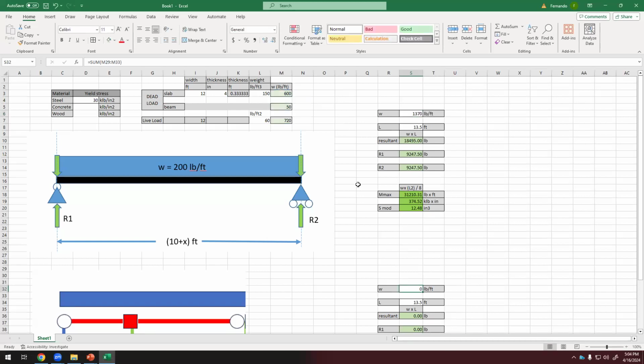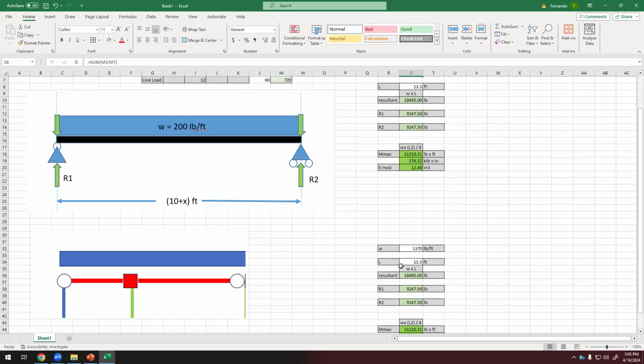If this is M29 to M33, we have to change. This is M3 to M7. So if I change this from M3 to M7, now we have the same, and now we click here, and we have exactly the same cells that I add up when I click here.